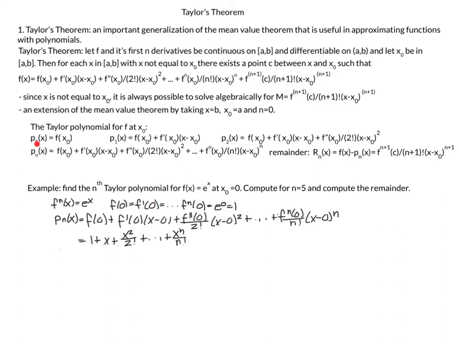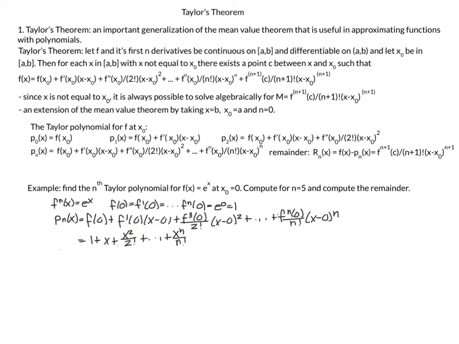I have written my formula for Pn of x, and I have plugged in for x naught, which is equal to 0. Now I can plug in: f of 0 is equal to 1, plus f prime at 0 is just equal to 1 times (x minus 0), which is x, plus f double prime of 0 is equal to 1 divided by 2, so that's my 1/2, times (x minus 0) squared, which is just x squared over 2.